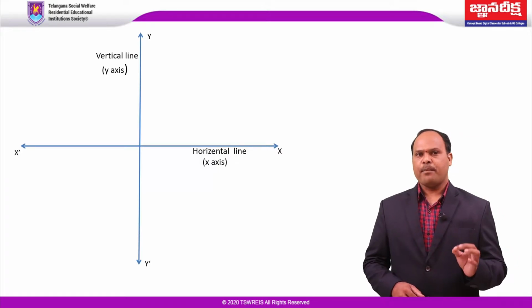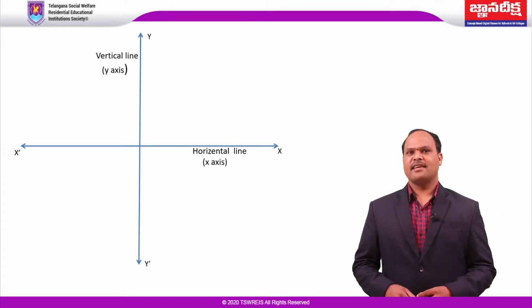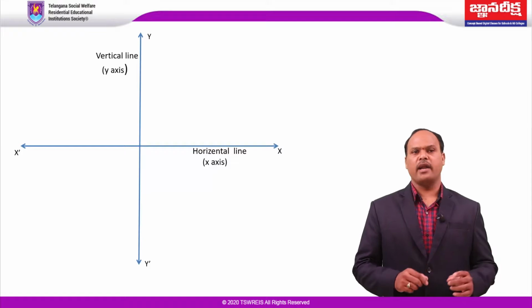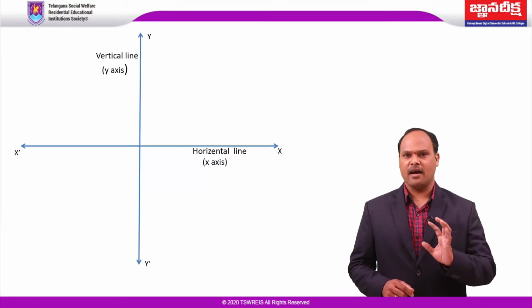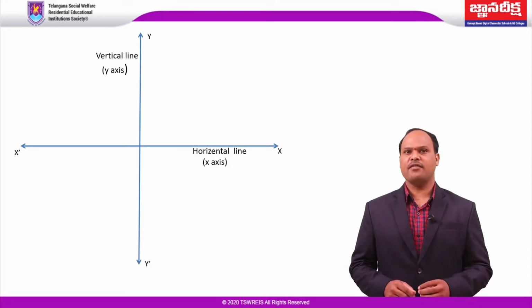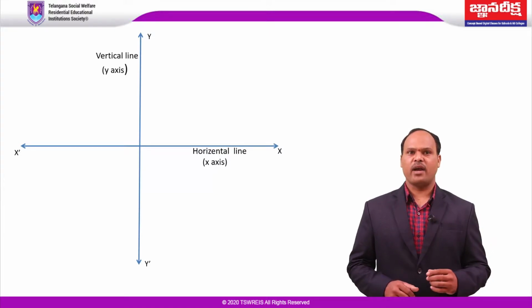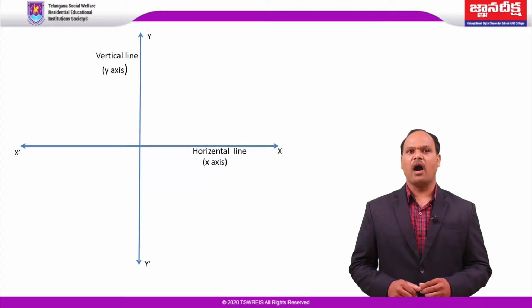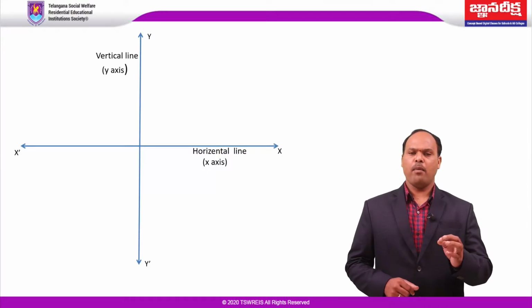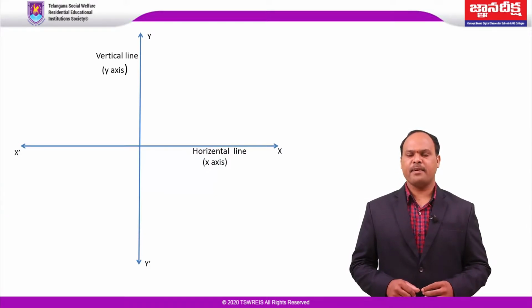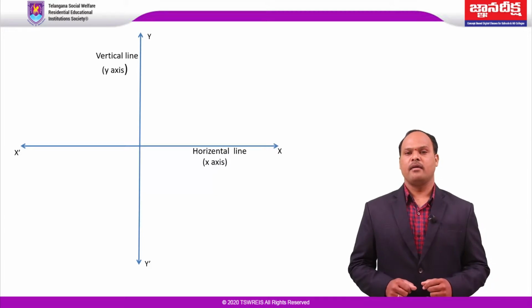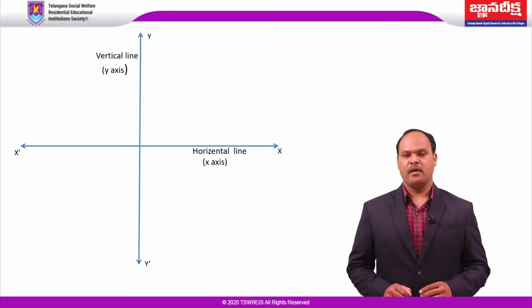Now the distance of a point from y-axis is called its x-coordinate or abscissa, and the distance of a point from x-axis is called its y-coordinate or ordinate. Every point on the Cartesian plane represents an ordered pair (x, y).